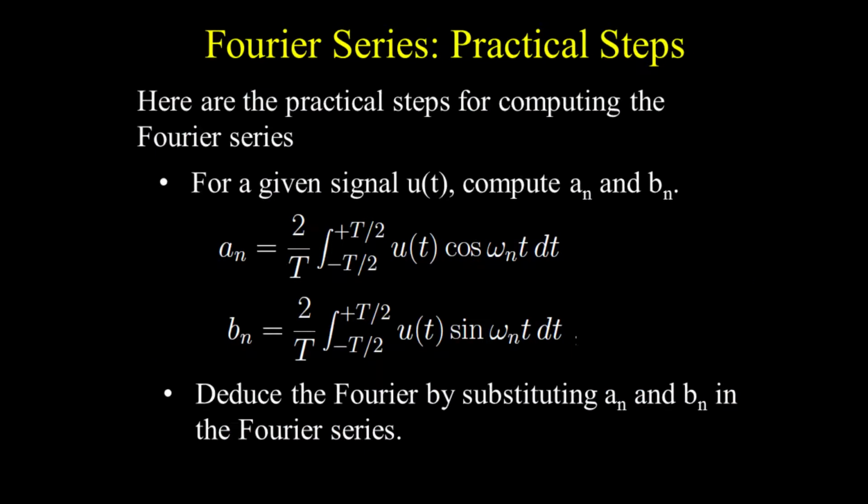Here are the practical steps for computing the Fourier series. For a given signal u(t), compute an and bn. Deduce its Fourier series by substituting an and bn in the Fourier series.